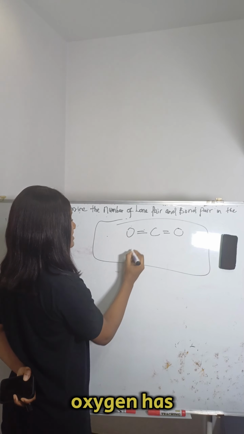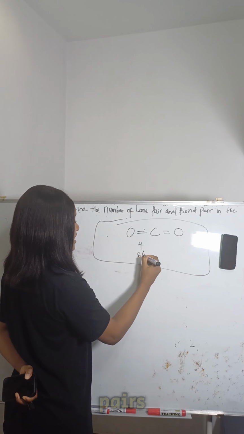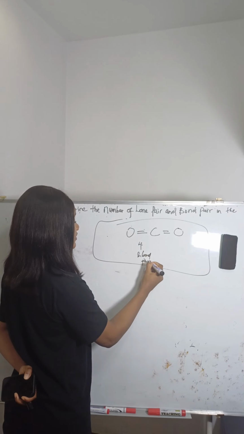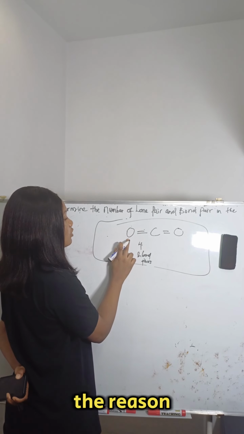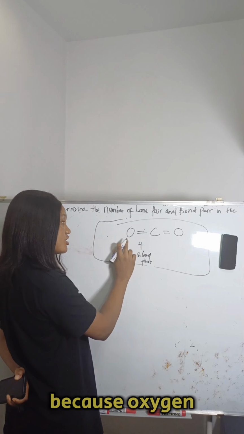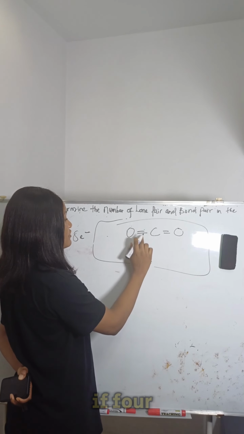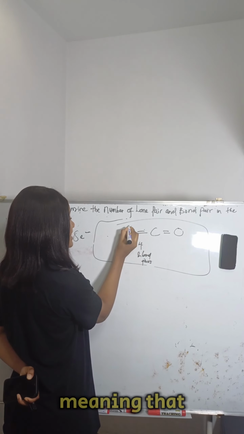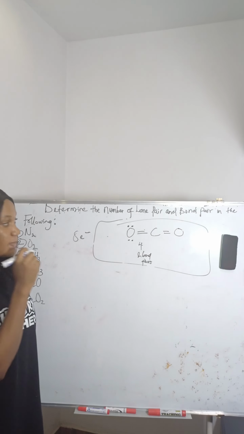So this oxygen has 4 bonding electrons, of course, 2 bond pairs. It's important to know that the reason this oxygen is said to be stable is because oxygen has actually attained 8 electrons. So if 4 are involved in bonding, it means the other 4 are not involved in bonding.